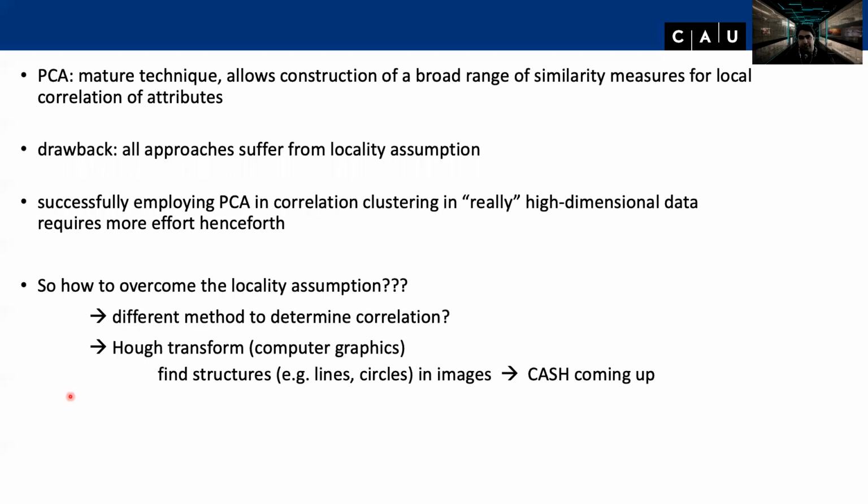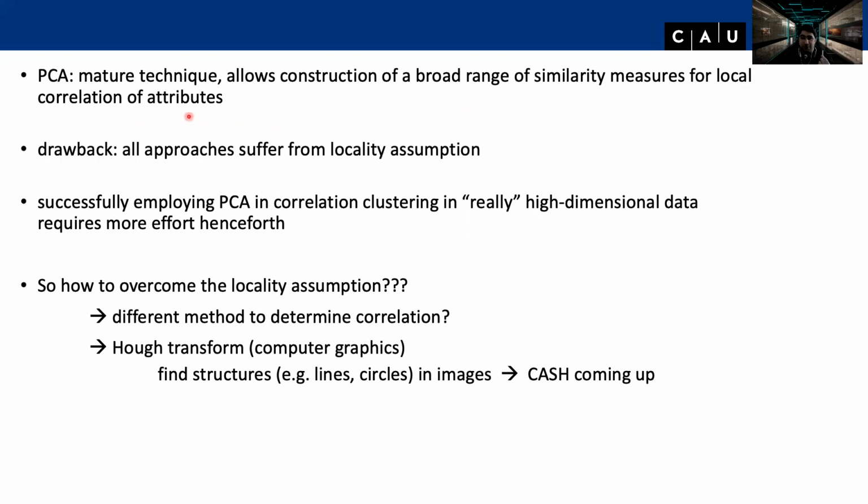The so far proposed techniques, local PCA, ORCLUS, 4C, and also COPAC, ERIC, HiCO, and so on and so forth, they all rely on principal component analysis, on PCA. It is a mature technique which permits the construction of a broad range of similarity measures, as you've seen by modifying, for instance, the eigenvalue matrix for local correlation of attributes.